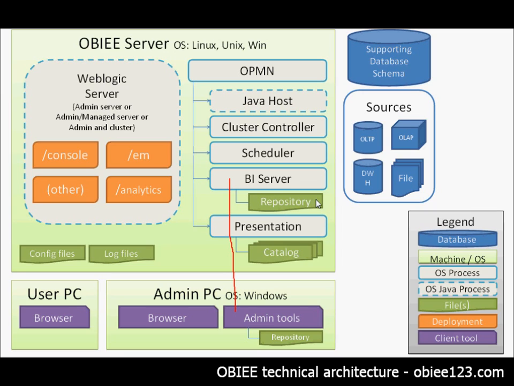The metadata administrator is able to import metadata from a source into a repository and use it in the business model that is modeled over here. In this way, the repository can be extended and more components from the business model can be made available through the presentation server, through the analytics component, to the end users.